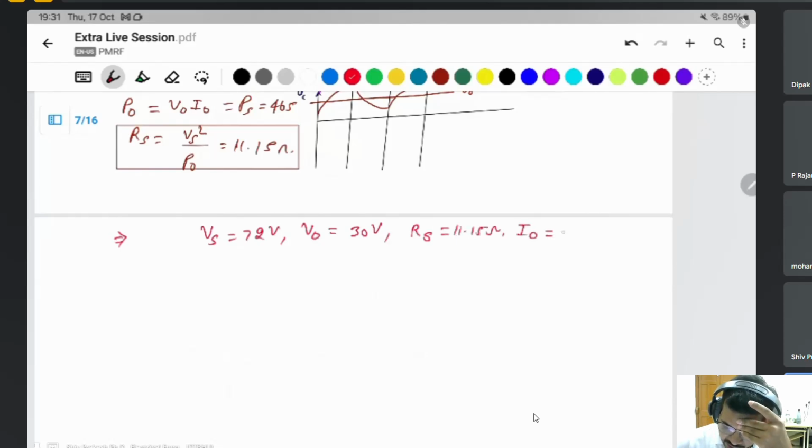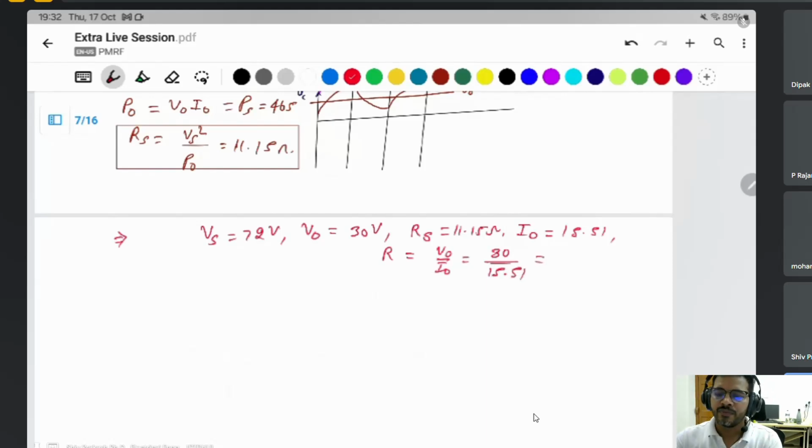I naught is 15.5 ampere. Then what is R naught? R is V naught divided by 15.5, which is 1.994 ohm.